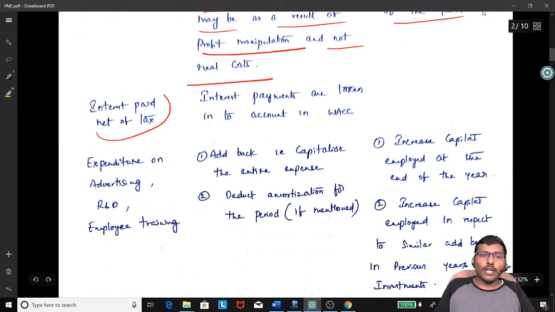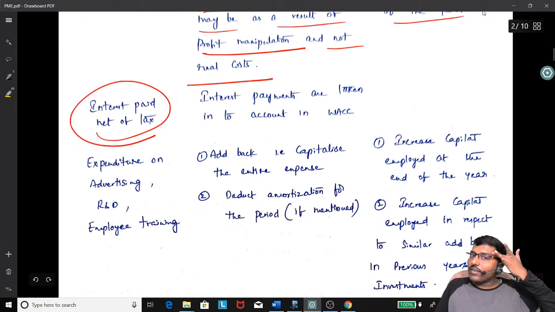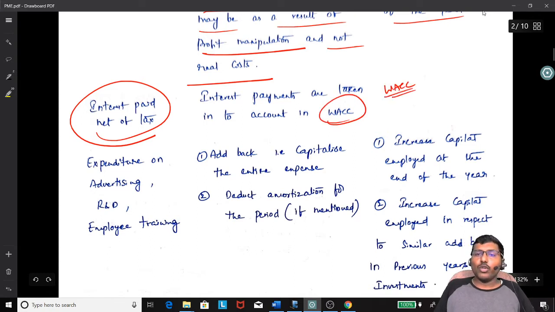Next, what about interest paid net of taxes? Interest paid is taken into account when it comes to WACC. So when you're calculating WACC, you'll be calculating the weight of debt and multiplying that with the cost of debt. Let's say weight of debt is 40%, cost of debt is normally 8% and tax rate is 40%. Now, you know the formula for KD, right? It is interest into 1 minus tax, divided by net proceeds if there is no redemption.